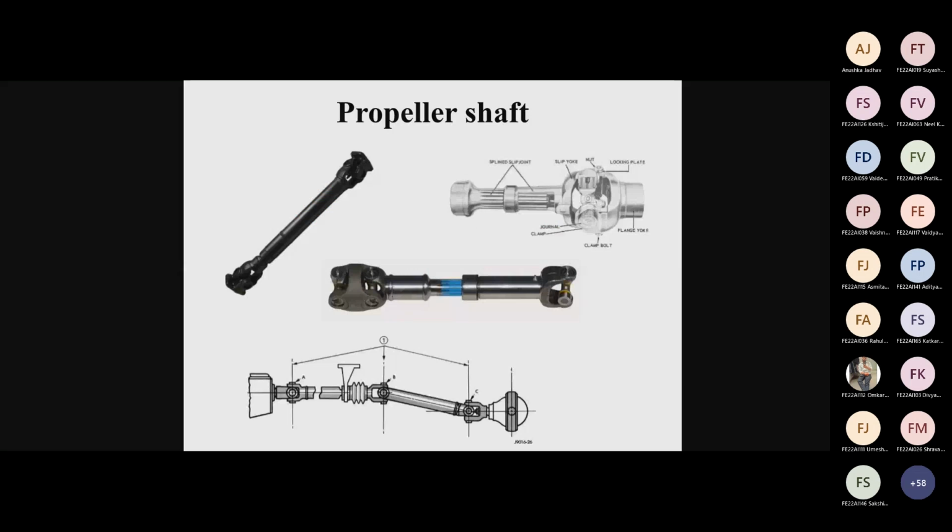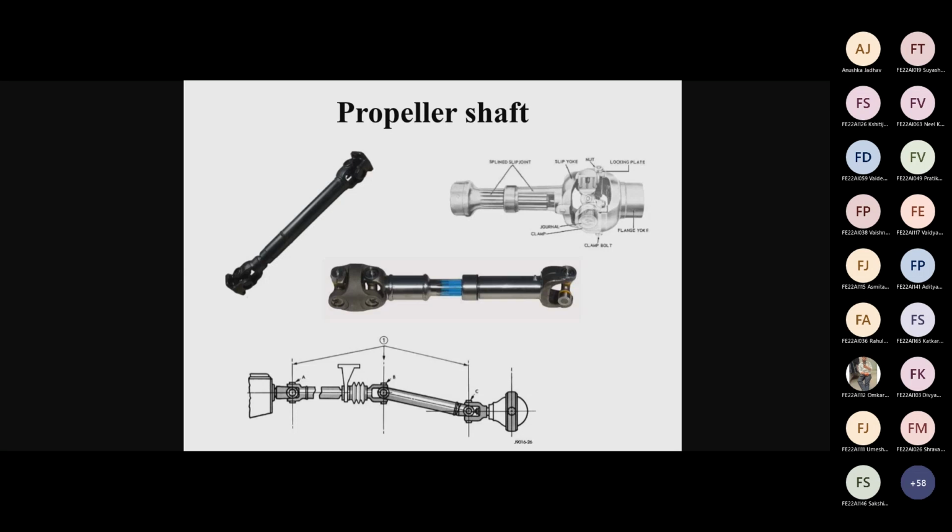Yes. Now next is the propeller shaft. Okay. Now what is the function of propeller shaft? Its main function is to transfer the power at a distance, right? This propeller shaft is used in case of front engine rear wheel drive. Okay.